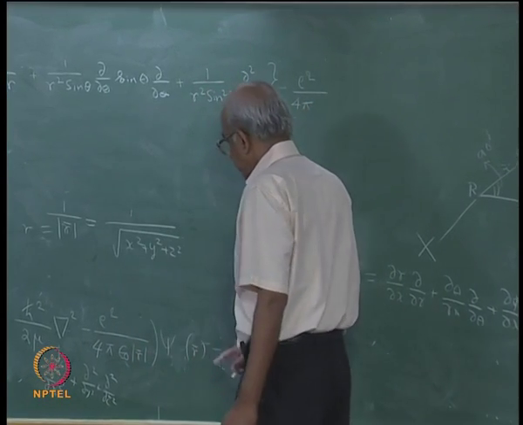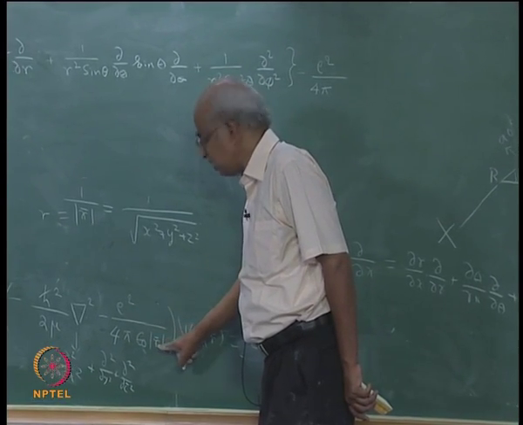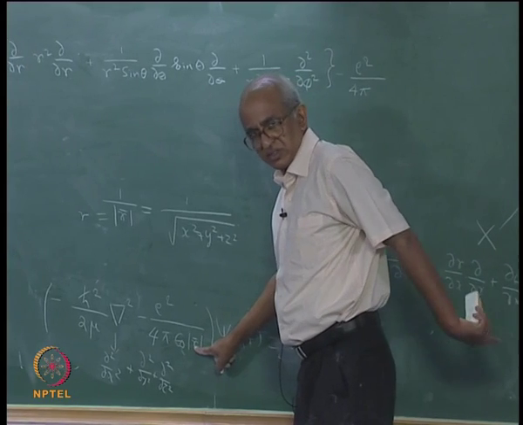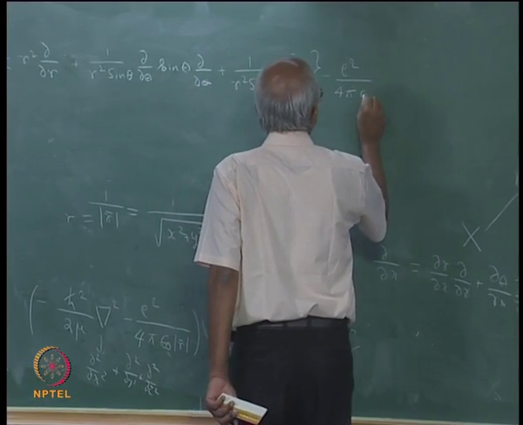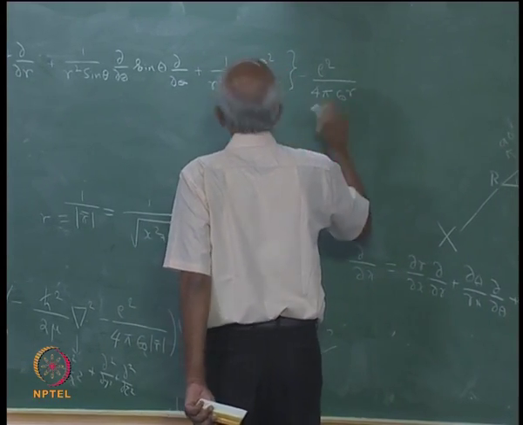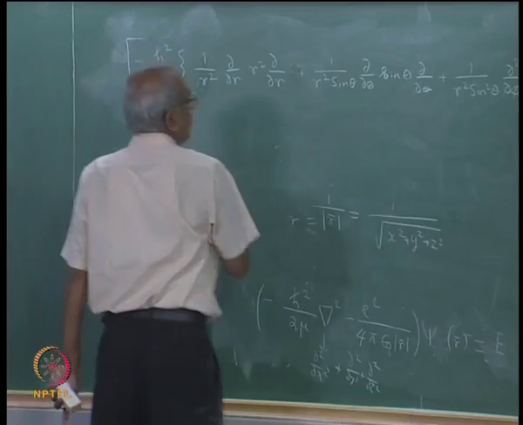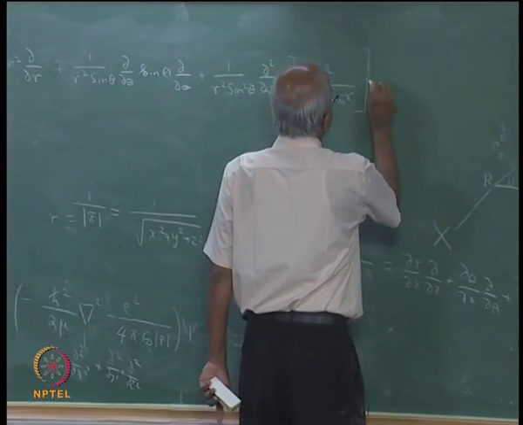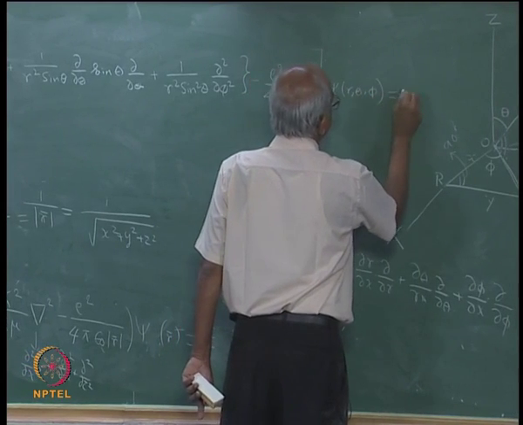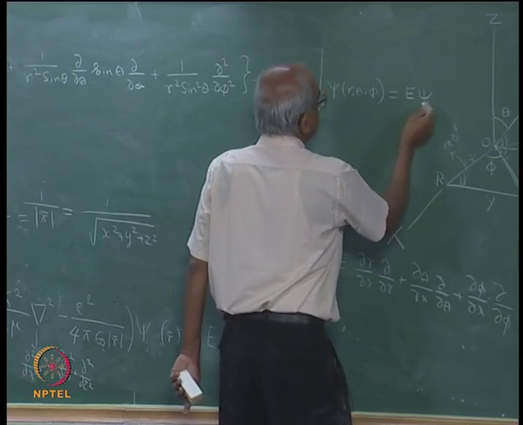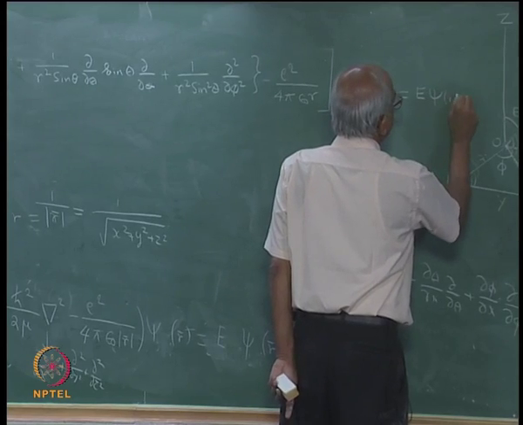What am I writing now? I am writing the potential energy, and the potential energy actually contains only magnitude of r, which is the number r that we have been talking about. So, 4 pi epsilon 0 r. So, this is your Hamiltonian operator, and the whole thing operating upon psi. Now, you have to imagine that this psi is a function of r, theta and phi, and the answer must be equal to the energy E multiplied by psi(r, theta, phi).